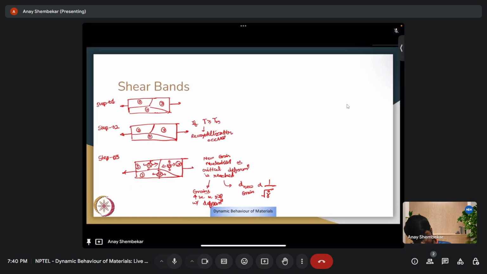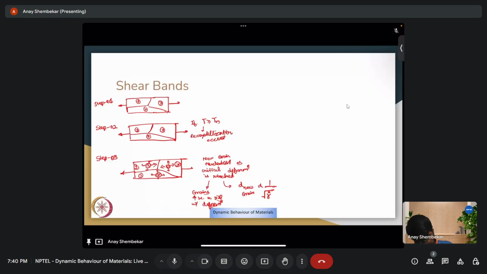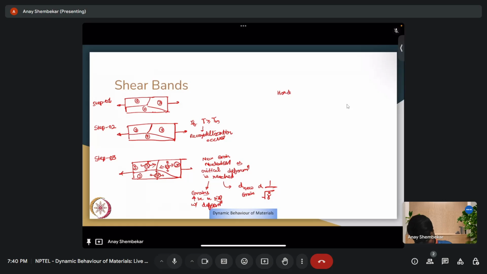One final point regarding shear bands. The hardness of material within the shear band varies as per the material.